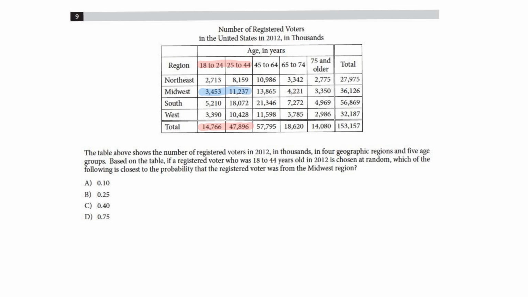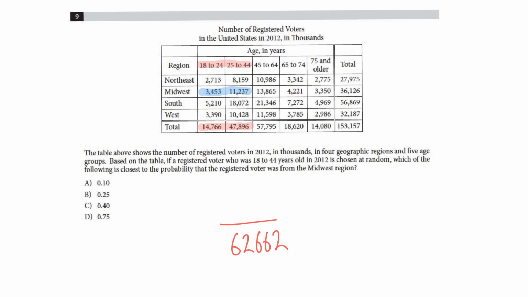Well, I'm going to go to my calculator. I'm just going to add up 14,766 plus 47,896. Okay, so it's going to be a total of 62,662, and we want to know the proportion that are from the Midwest.